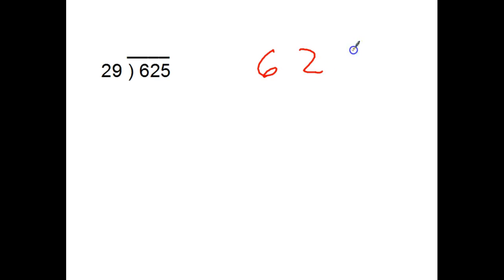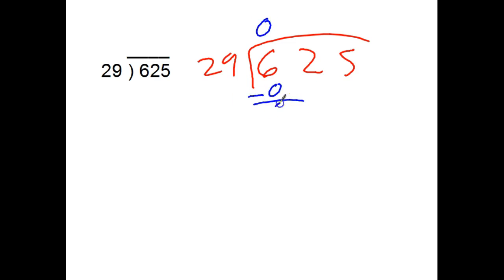Let's go to some bigger numbers. 625 divided by 29. Well, there are no 29s in 6. And I got 62. So let's see. 29 plus 29 is 58 for 2. I think that's close enough to 62 that this is going to work, because 3 29s would be a lot more.